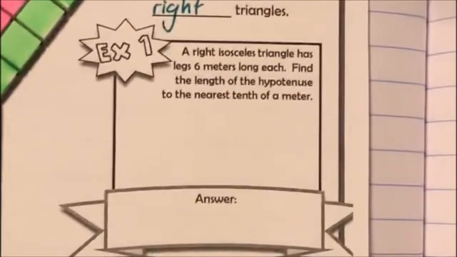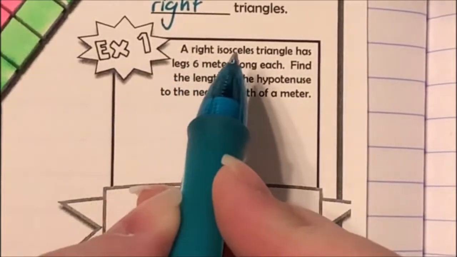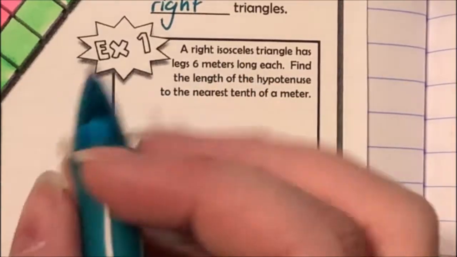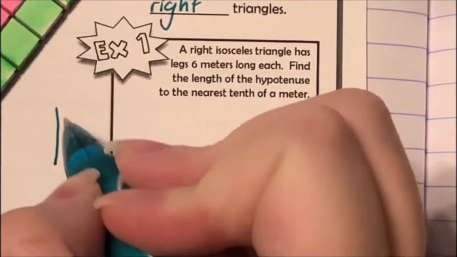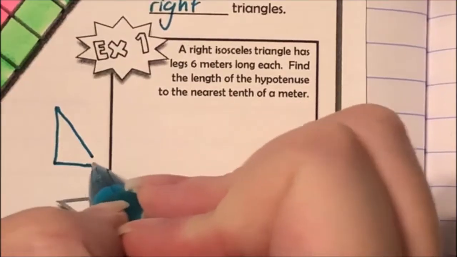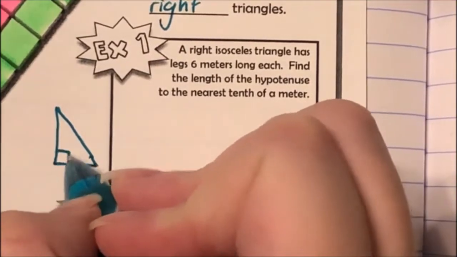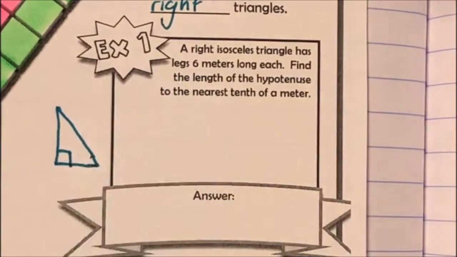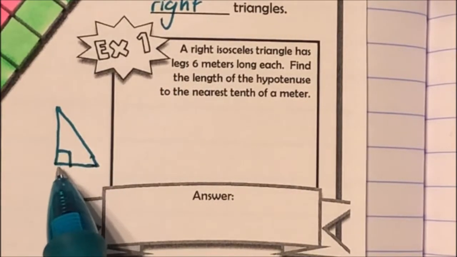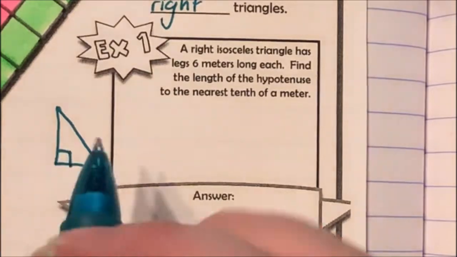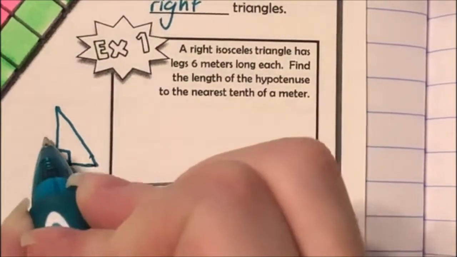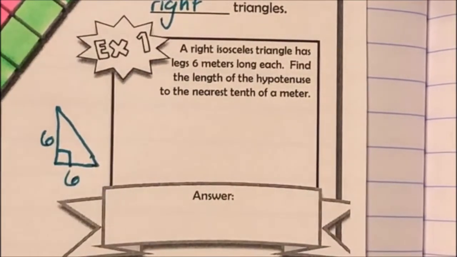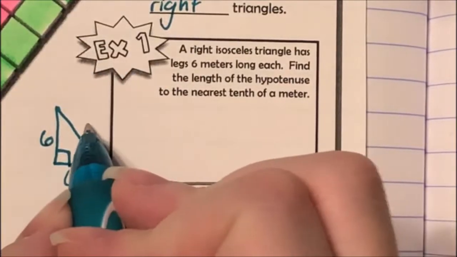Okay, so first it tells me that it's a right isosceles triangle, and has legs. So my legs are the ones that are attached to where the right angle is, of 6 meters each.